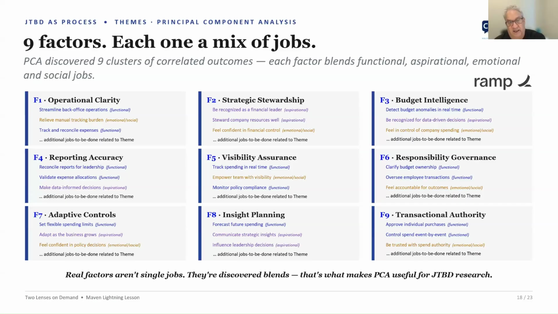And so we want to now integrate that into the who we're building it for, because for different roles or job performers, some of these clusters are more critical than others.